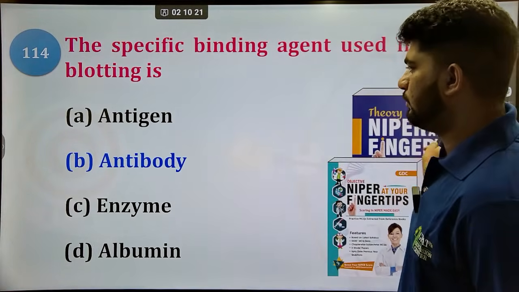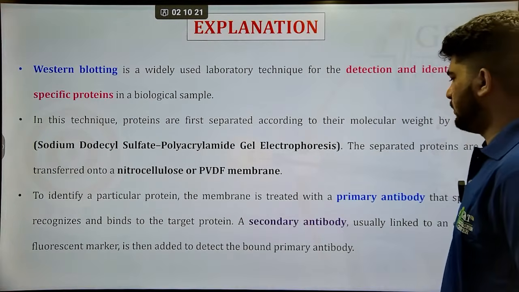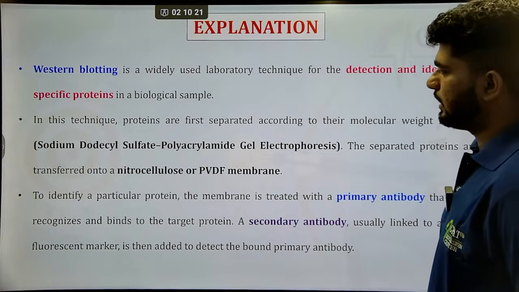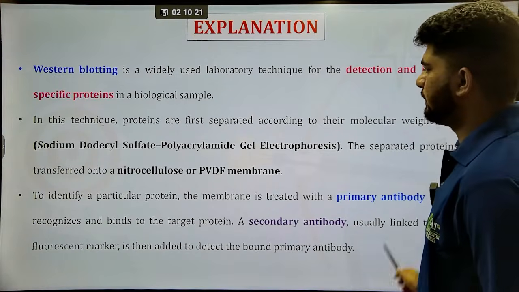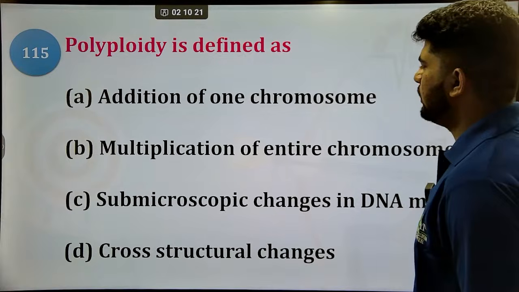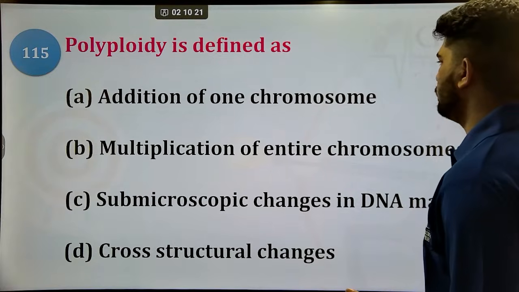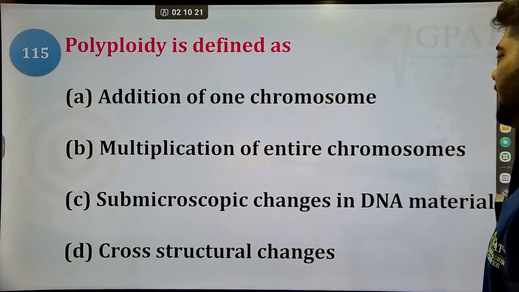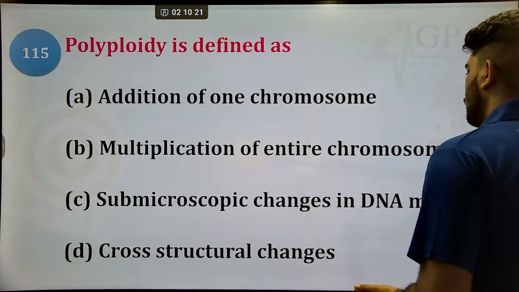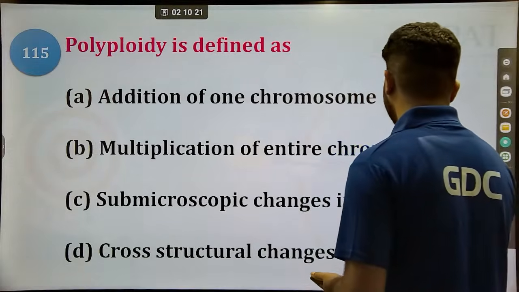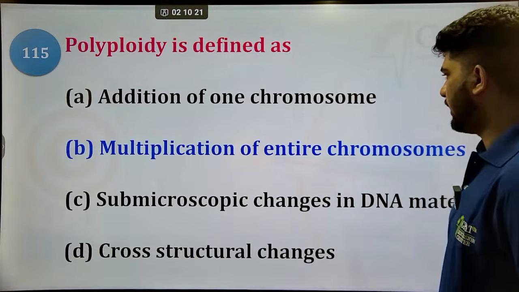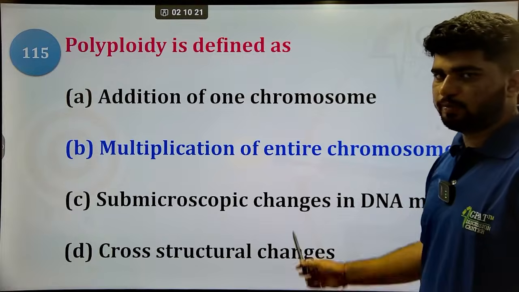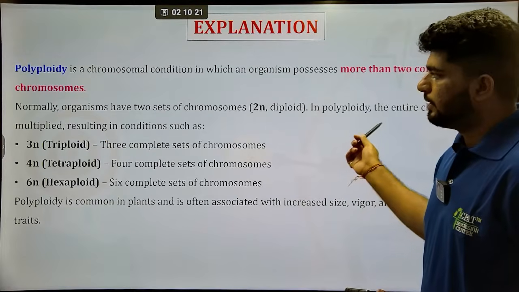Primary antibody, secondary antibody. Polyploidy is defined as addition of one chromosome, multiplication of entire chromosome, submicroscopic changes in DNA material, or cross-structural changes. That is your multiplication of entire chromosomes. That is your polyploidy.